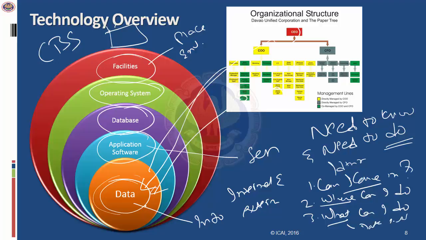Now, all this data which is available inside the information technology will be accessed through the application software. As far as the user is concerned, he will access the application software. Through the application software, depending on the area of work, he'll be able to get that particular type of data. Similarly, if you're a customer, let's say you have a savings account.